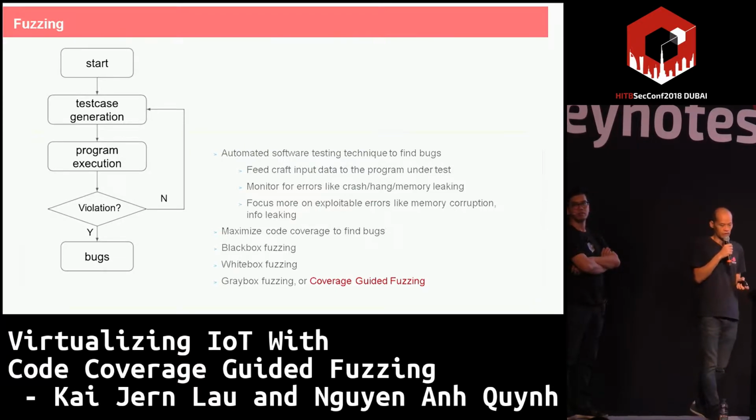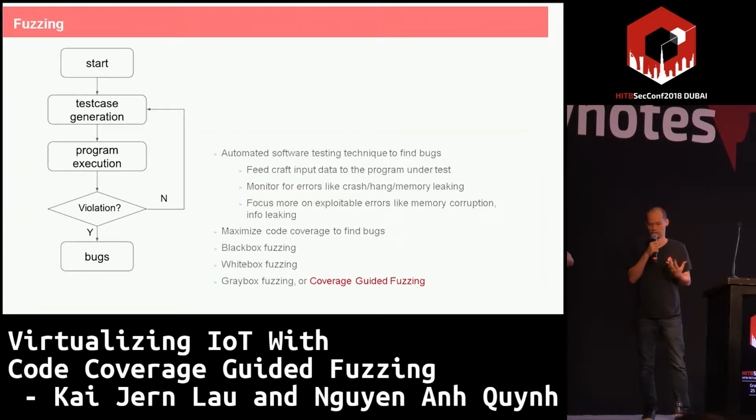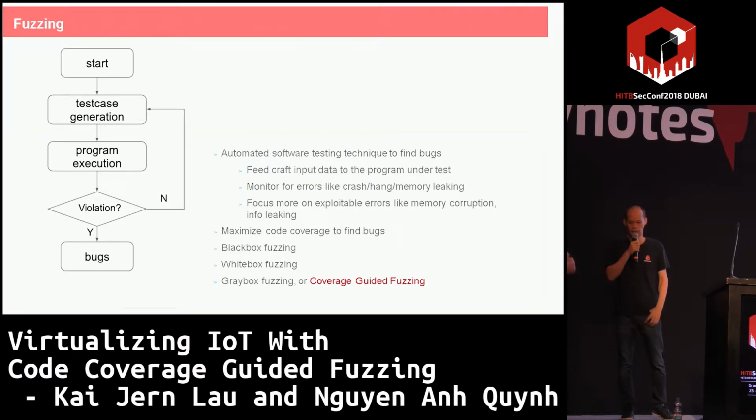We focus on bugs like memory corruption or information leaking. We finally get a vulnerability or zero-day. There are many kinds of fuzzers, but all of them focus on how to generate better input so you can exercise as much code as possible in the huge code space of the program.